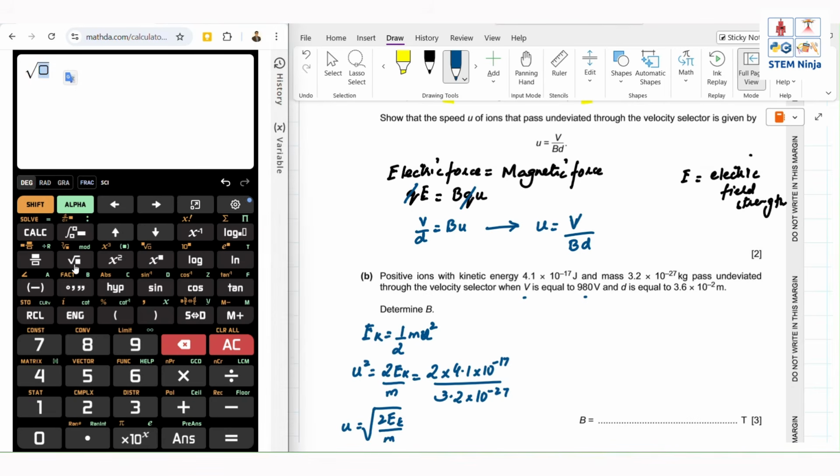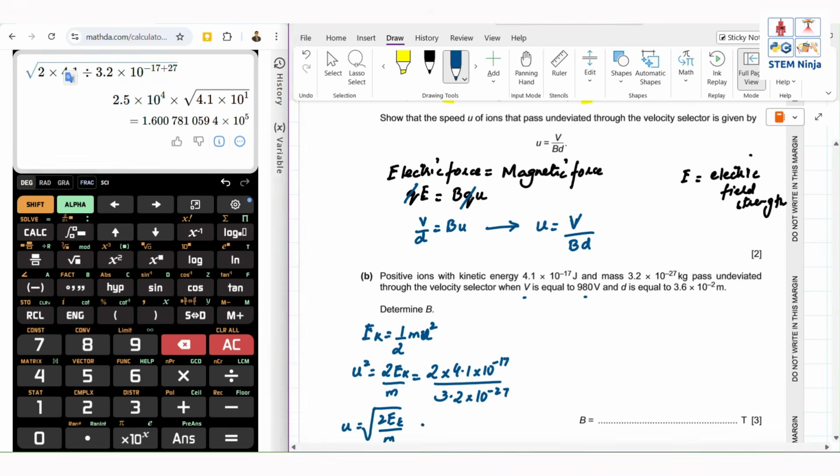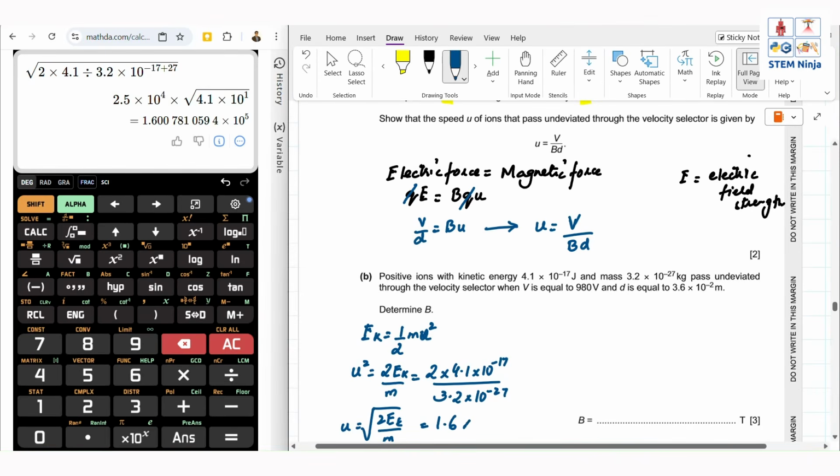So square root of 2 times 4.1 divided by 3.2 times 10 raised to power minus 17 plus 27. We get 1.6 times 10 raised to power 5 meters per second.